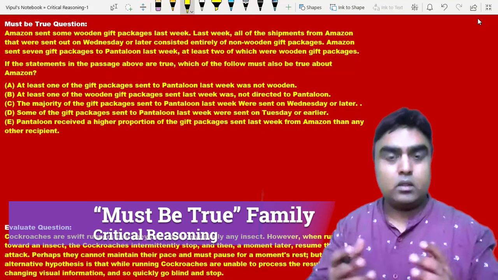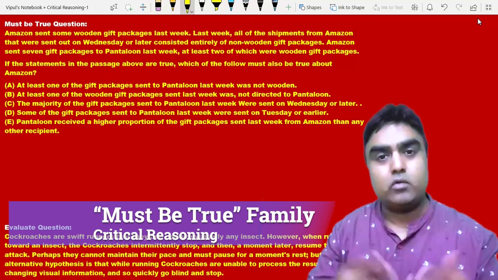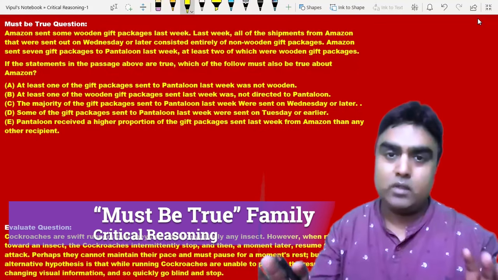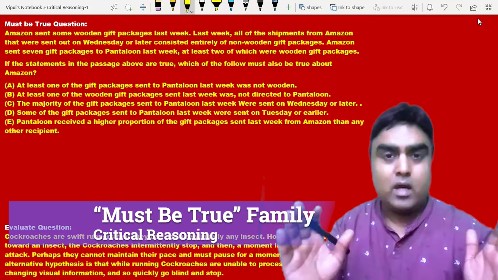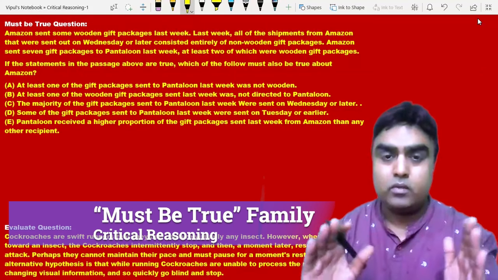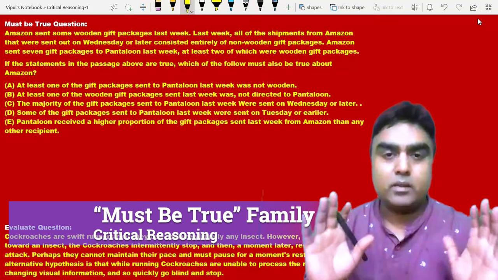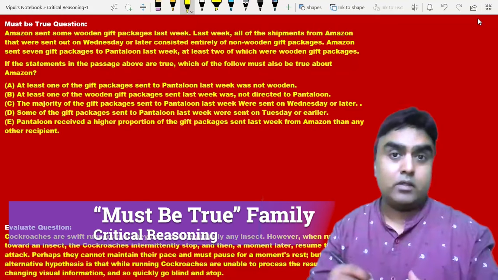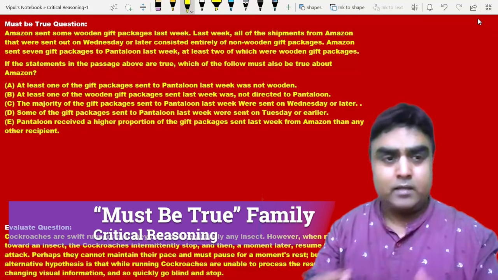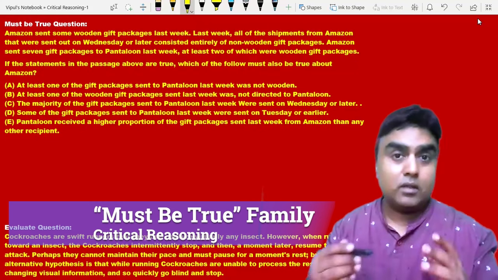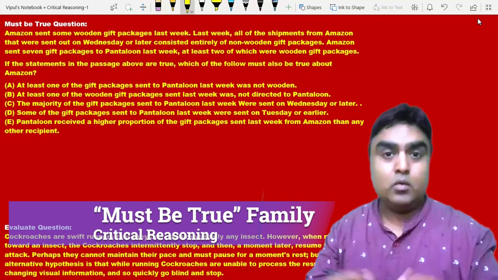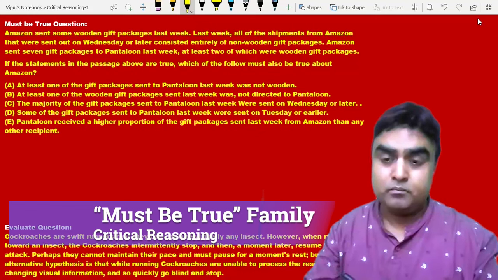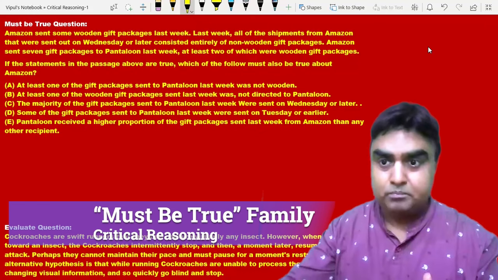In the must be true type of question in critical reasoning, what we are supposed to do is write only the same answer that the passage is saying. That is, you have to be in the scope of the passage or the boundaries set by the passage.